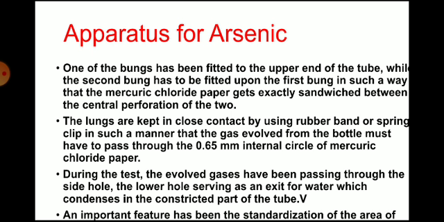A rubber band or spring clip is used in such a manner that the gas evolved from the bottle must pass through a 0.65 mm internal circle of mercuric chloride paper.